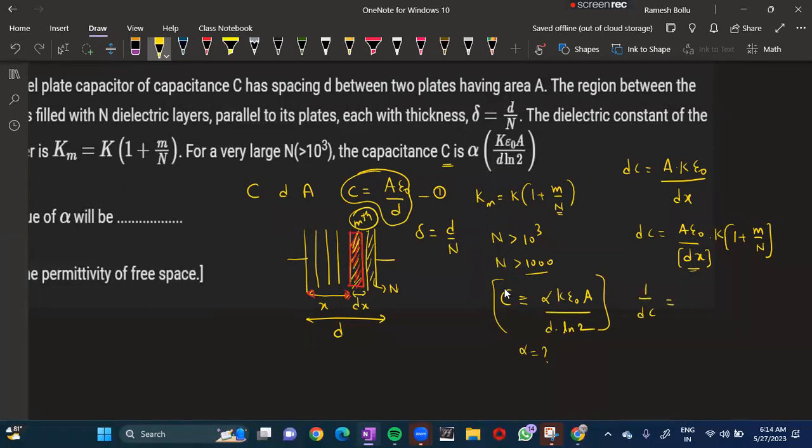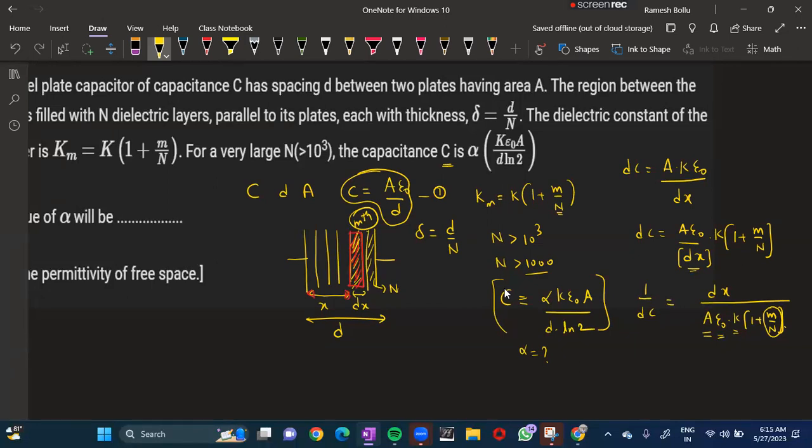So 1 by dC equal to dx whole divided by A into epsilon naught into K into bracket 1 plus m by capital N. Epsilon naught and K are constants, but the m by N ratio will vary from layer to layer.